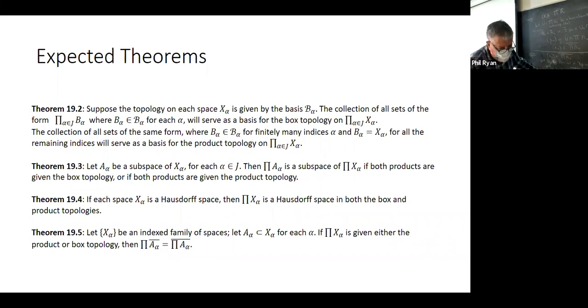So that means this set here contains y alpha. So there has to exist some element in there. And so y beta is an element of V beta intersected A beta.